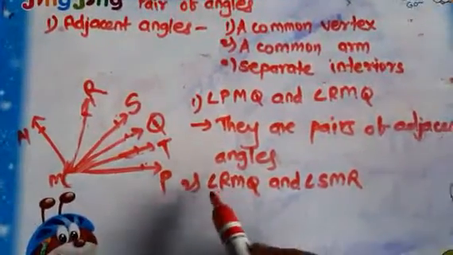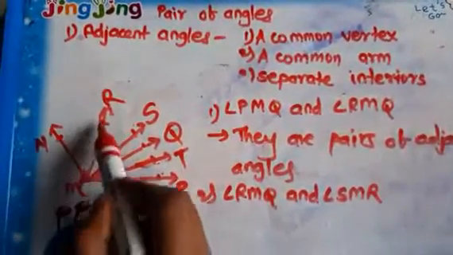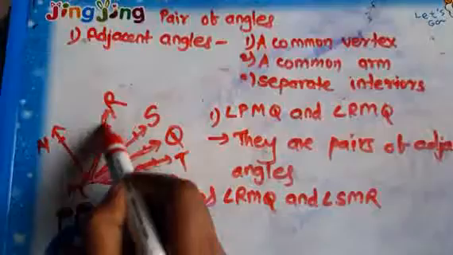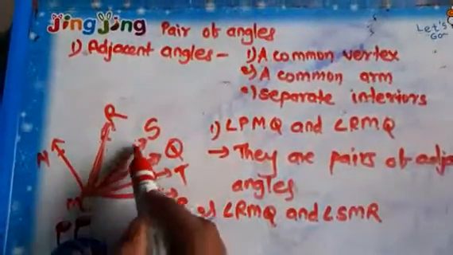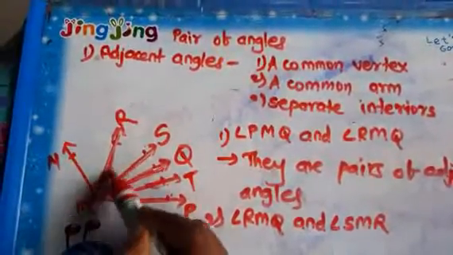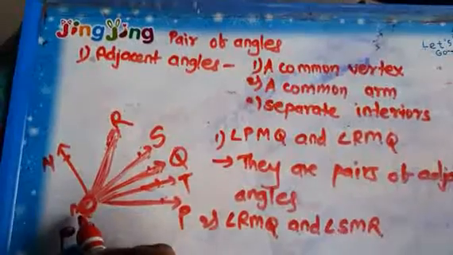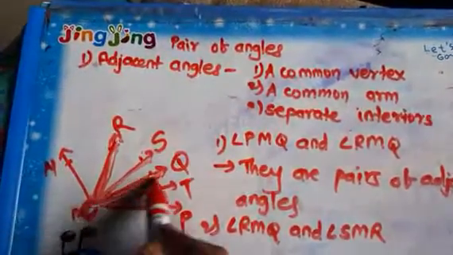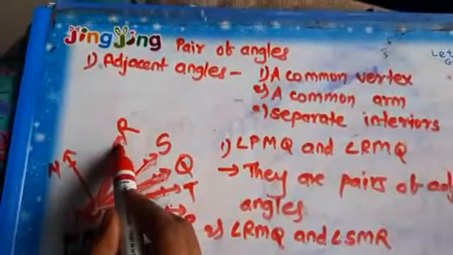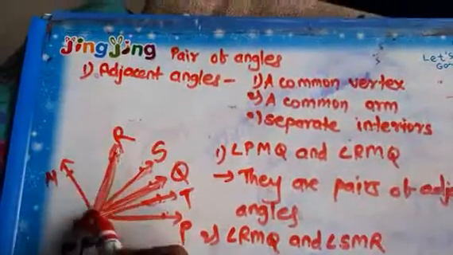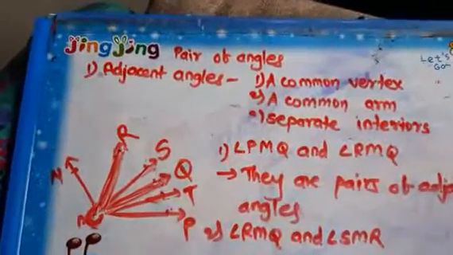Next pair of angles is RMQ and SMR. This one, RMQ and SMR, this one. So for that also we will check. They are having common vertex M. For RMQ and SMR, RM is the common arm, and next is separate interiors.